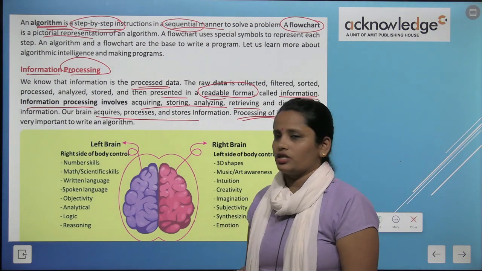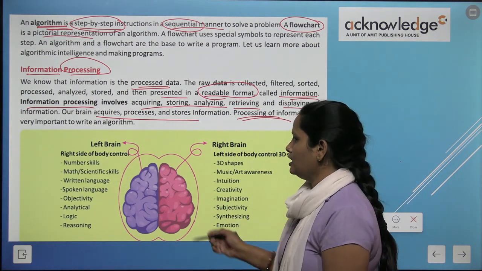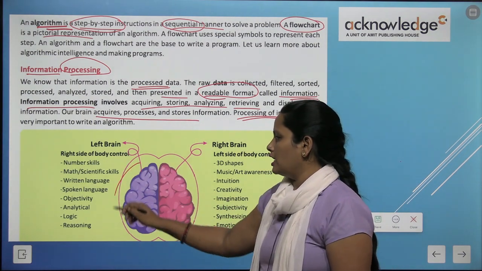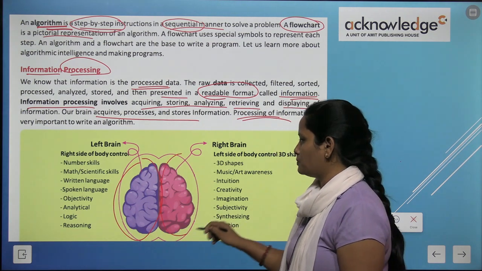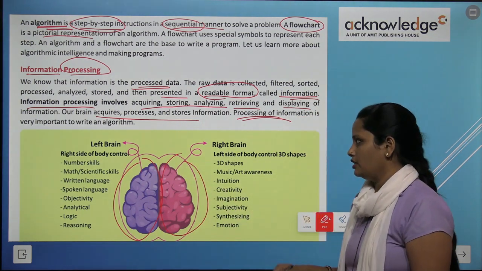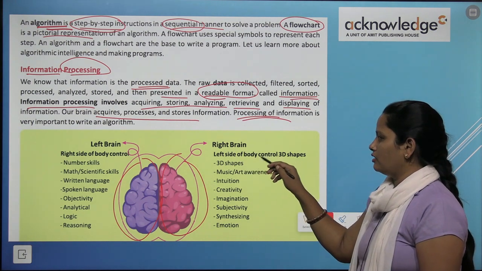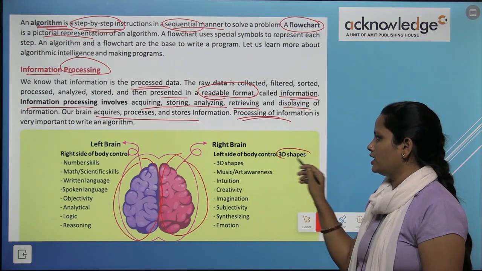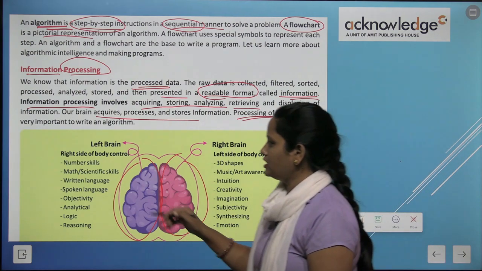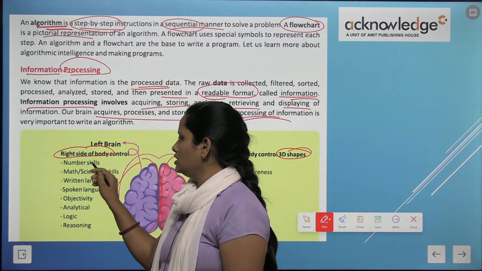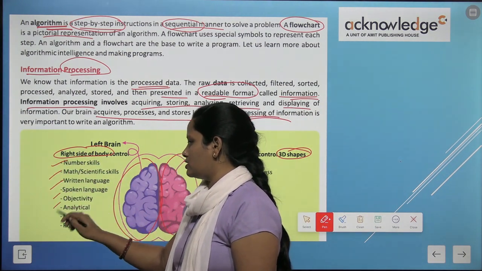Here you can see there's a picture of our brain. This part is our left brain and this pink part is our right brain. And you can see that one side of the body controls 3D shapes and the other side controls all these skills.